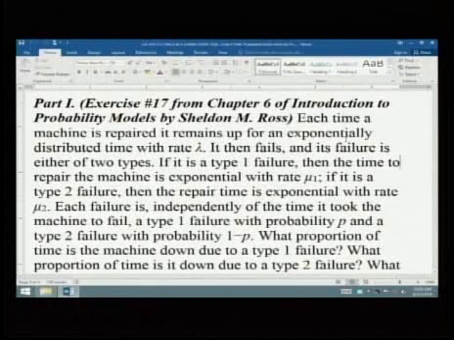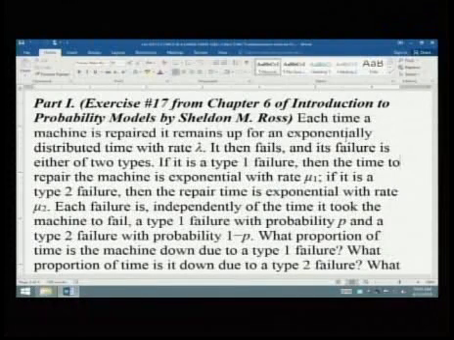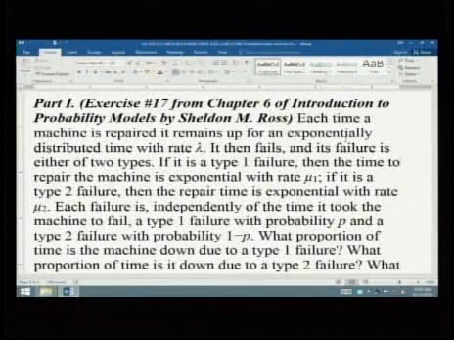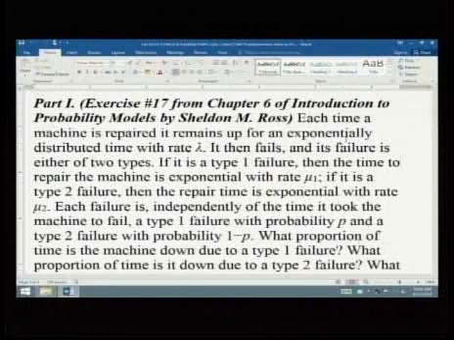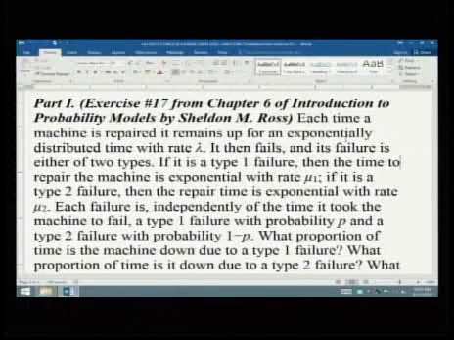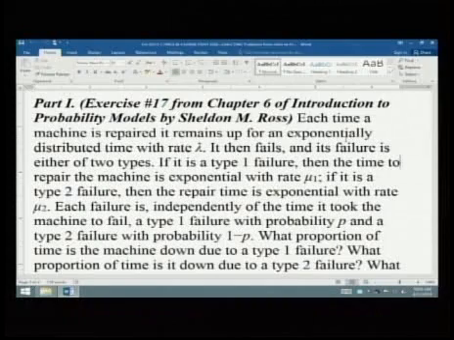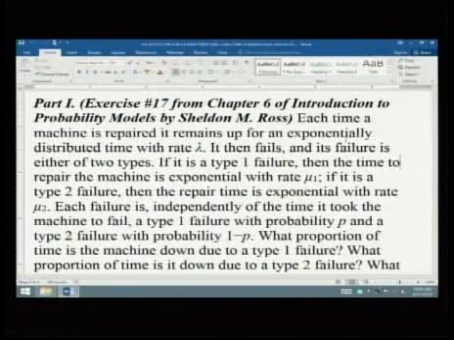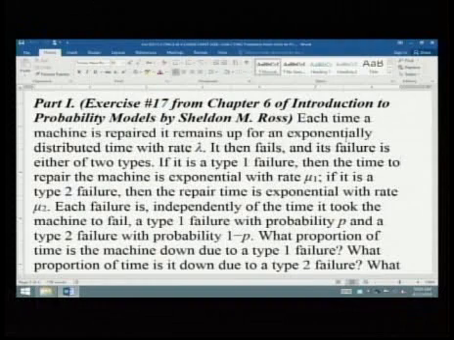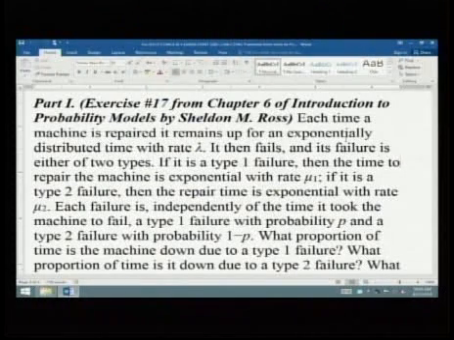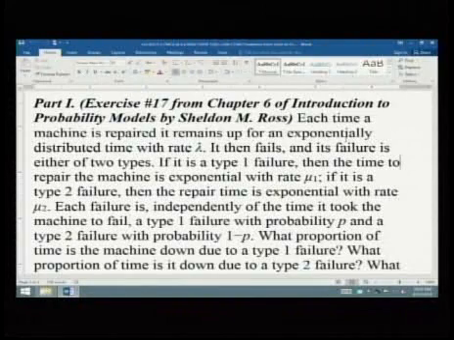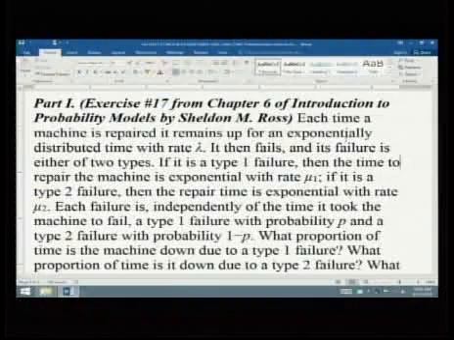Okay, the first problem we consider is a repair shop example. Each time a machine is repaired, it remains up for an exponentially distributed time with rate lambda, and then fails. Its failure is either of two types.